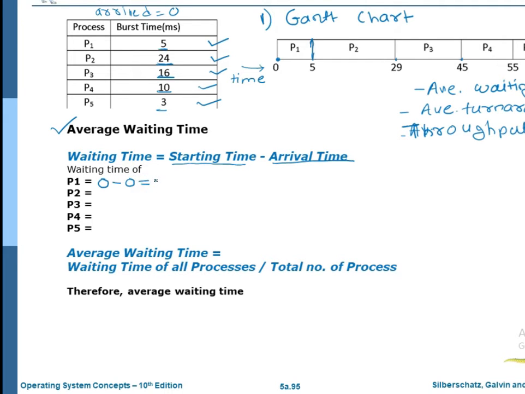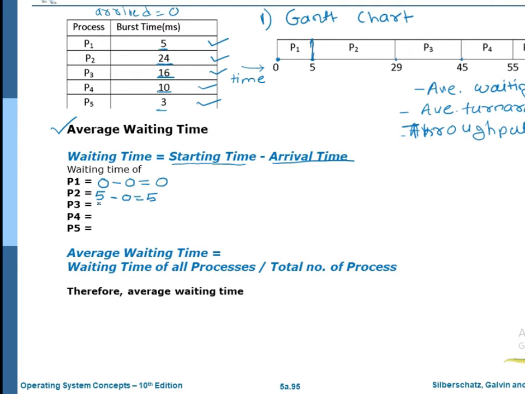So the waiting time of P1 is 0. Then P2. What is the starting time of P2? The starting time of P2 is 5. What is the arrival time of P2? The arrival time is 0. So 5 minus 0 is 5.